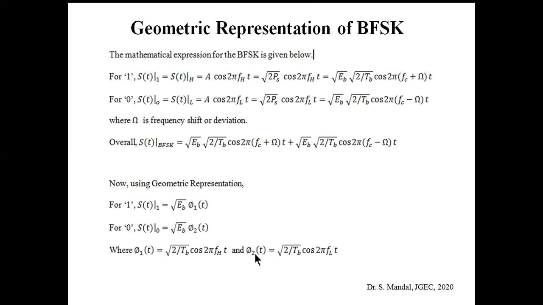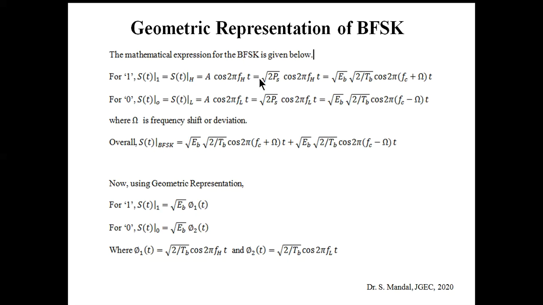Fine. Now coming to the geometric representation of BFSK. For 1, high frequency carrier is used, so we represent the signal by s_H(t), which is A cos 2 pi f_H t.